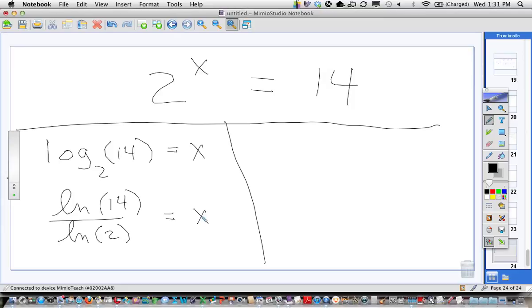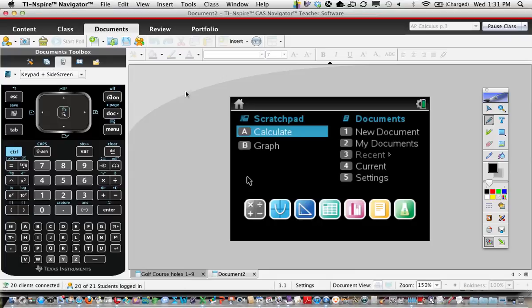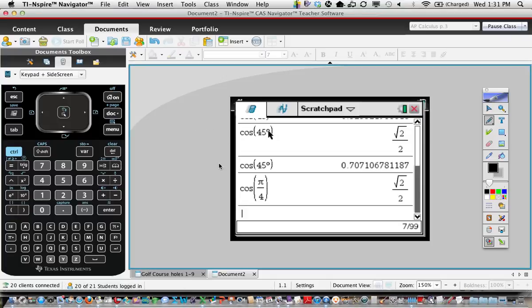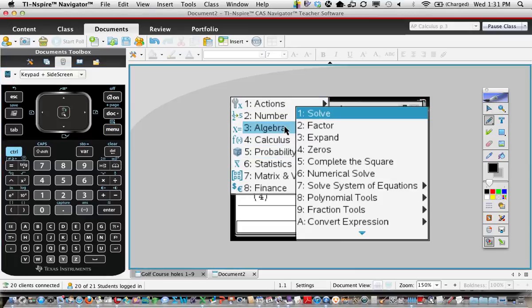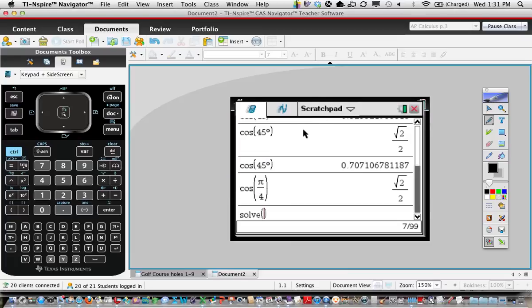Now, while I'm on that, I just want to show you the calculator real quick. I had told you guys the other day, we had talked about solving. Didn't I show you that on the calculator, how I could solve equations? Didn't I show you that? See, but this is what I don't want you to do on the homework, because this is not going to help you at all.